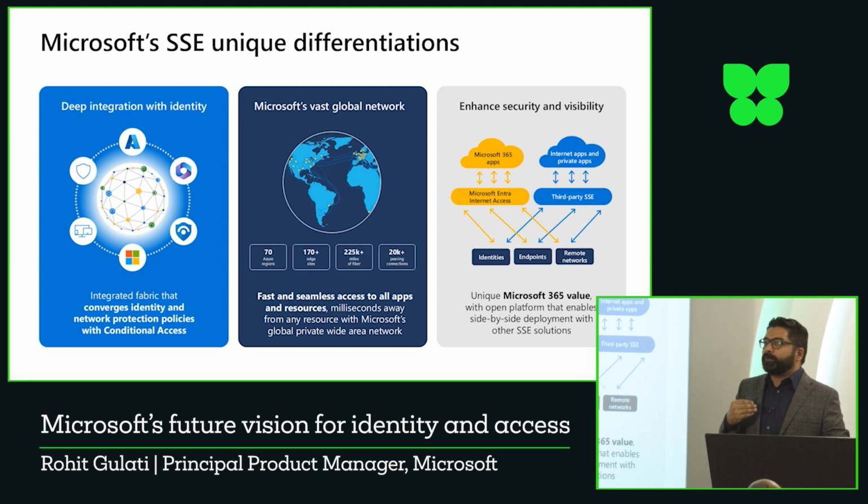So you get to connect to the nearest edge point, and you get the best-in-class experience, a reliable experience. I spoke about the latency response time. If you are using an SSE offering today from a third party, you can still run it if you would like to, but Microsoft's SSE is the best SSE offering for the Microsoft 365 apps. And we can definitely double-click on it during the workshop as we get to the details.